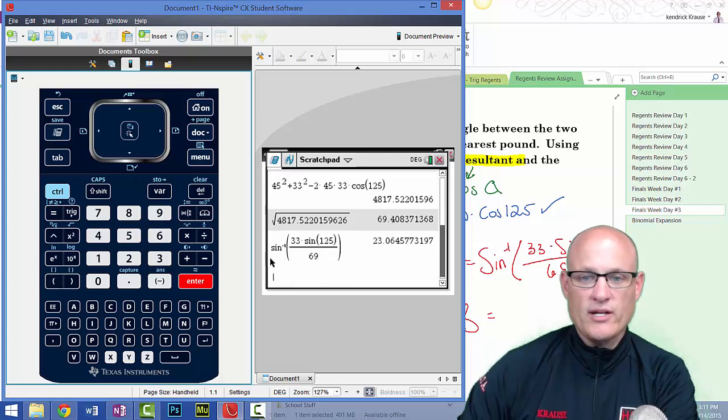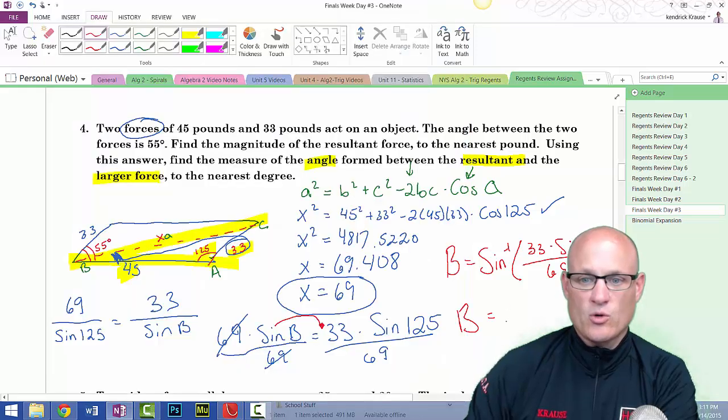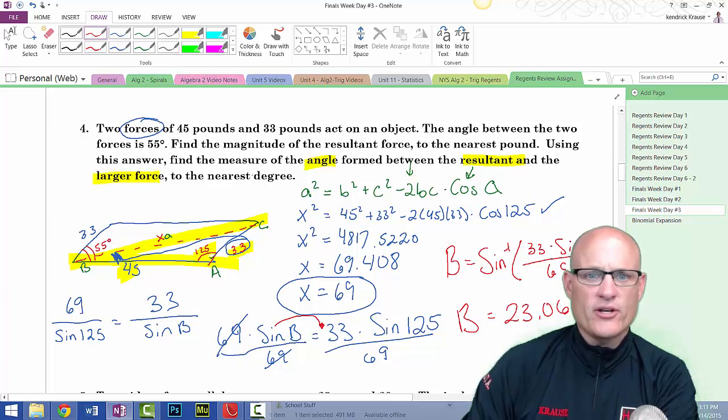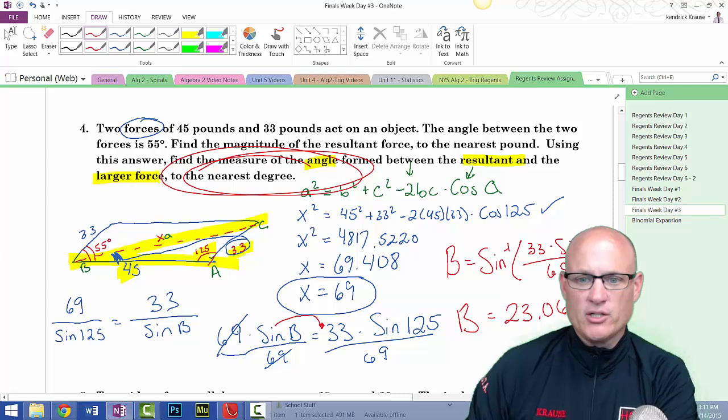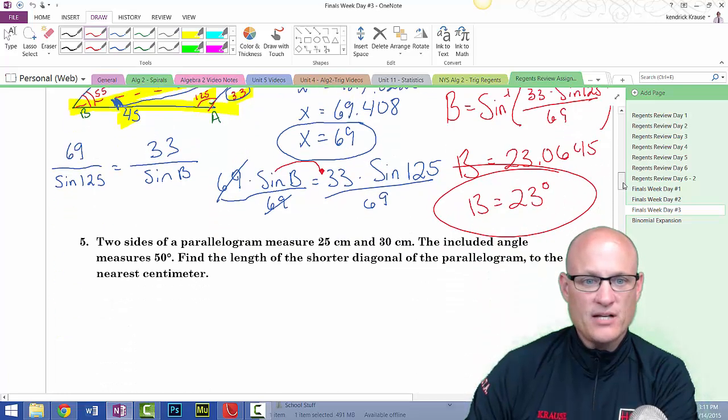Enter. 23.0645. And I want to round it to the nearest degree. So B is equal to 23 degrees. That's it, kids. That one's done. That was a tough problem.